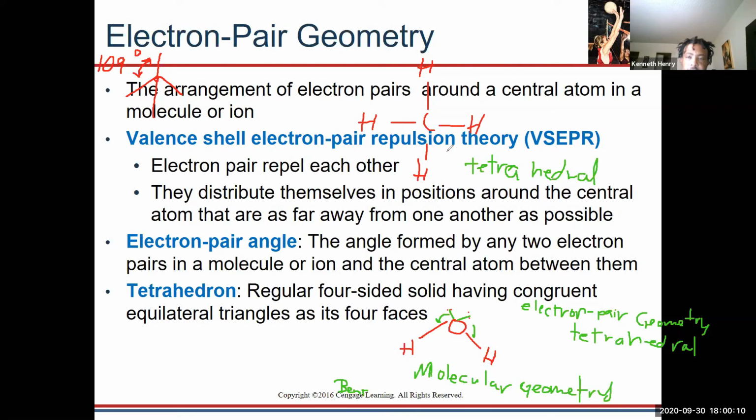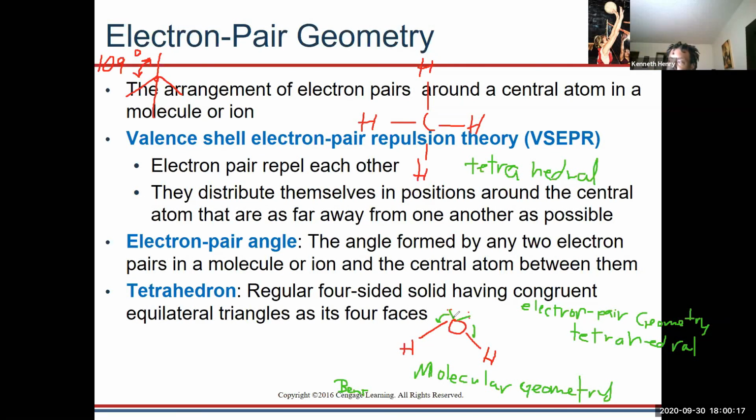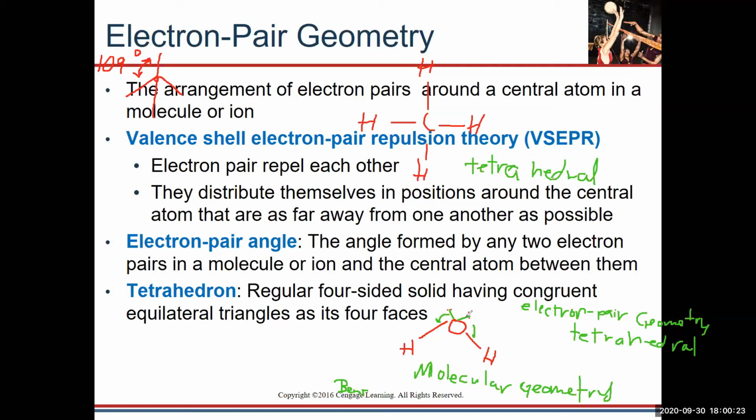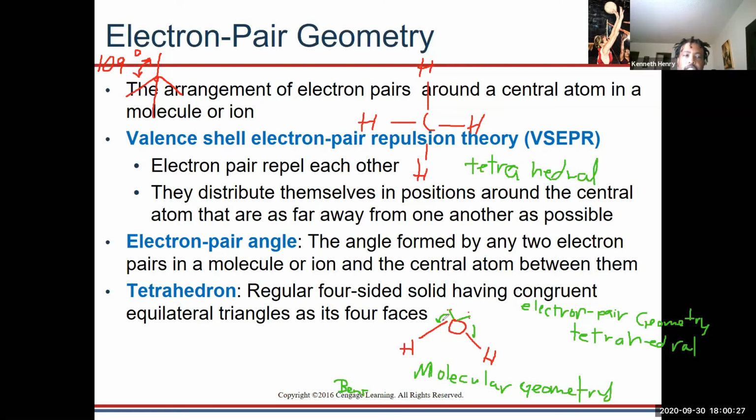What do you mean by that? So here we have 2 electron pairs on the oxygen, right? When we count for the electron pair geometry, we want to count the electron pairs as well as the hydrogens.